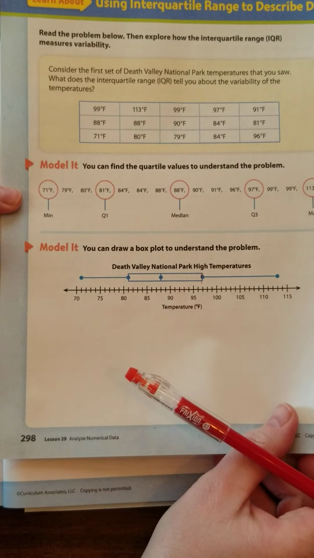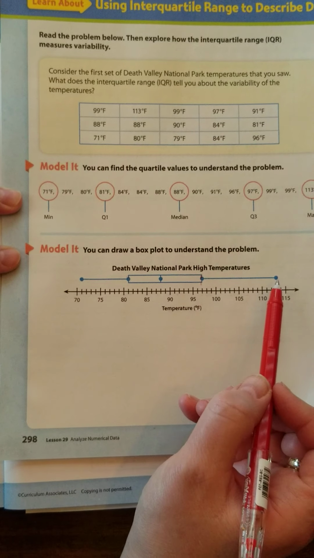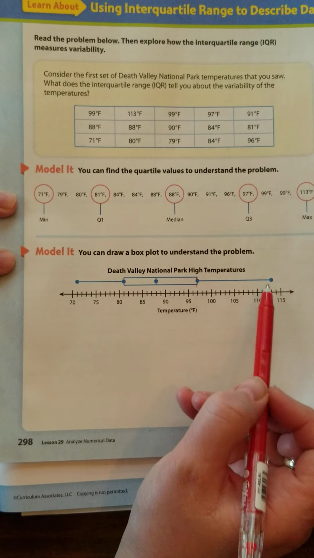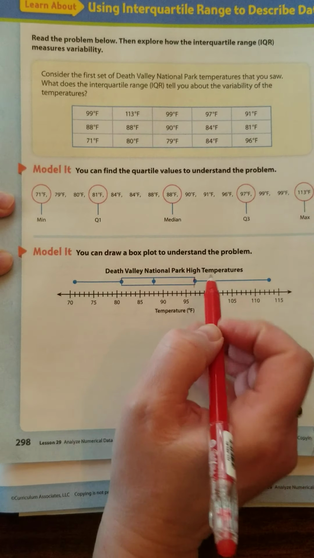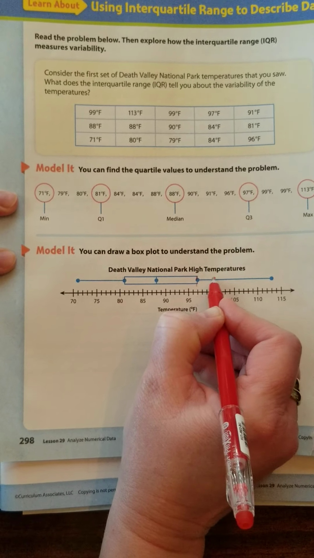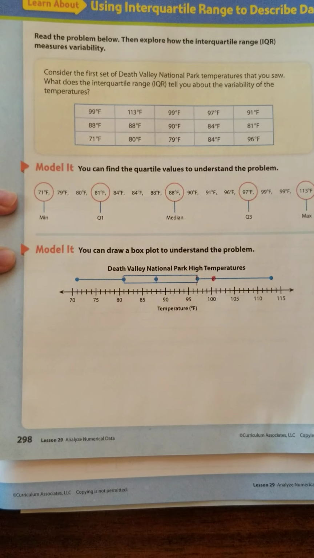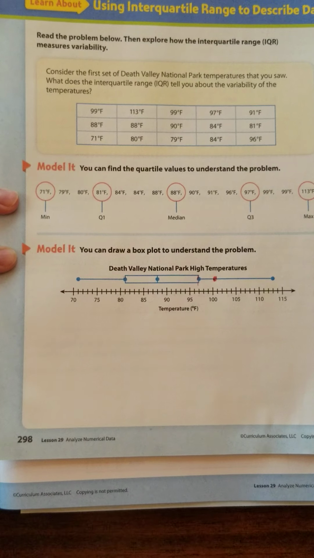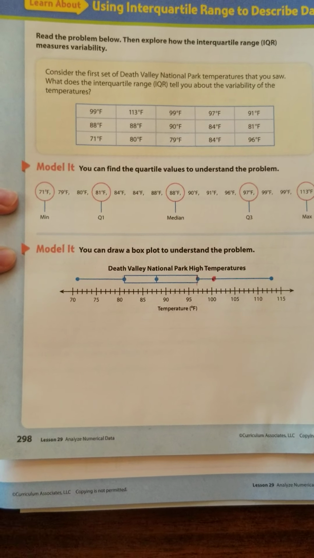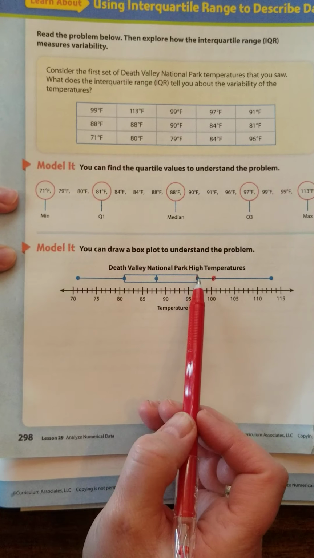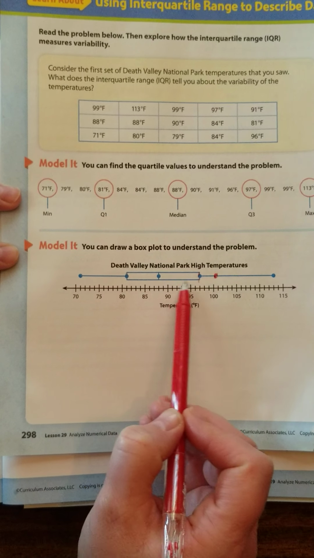Okay, so we are going to replace this maximum, which is at 113. We're going to put the new maximum down here at 100. Is that going to change our IQR? What do you think? I sure hope that you said no, because the IQR is represented by this box.